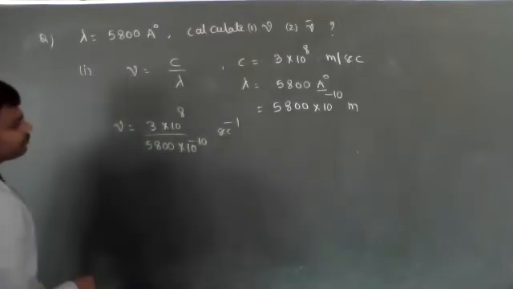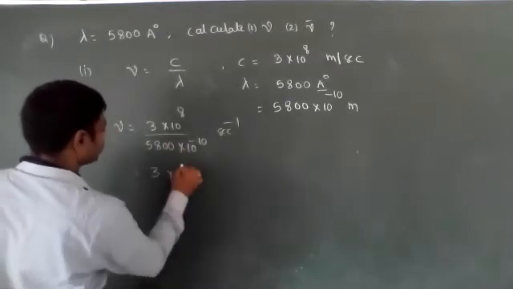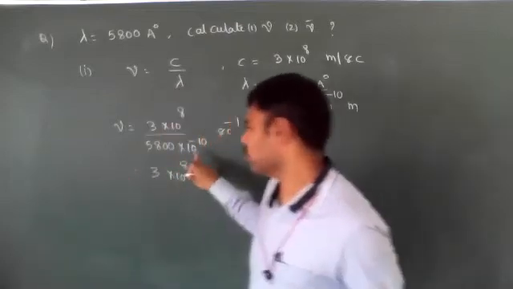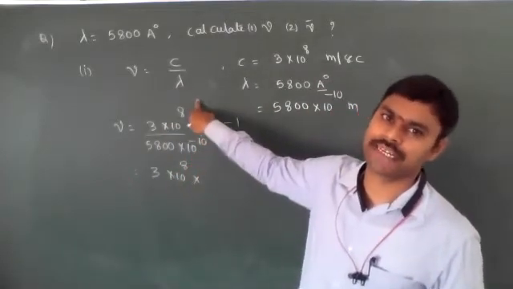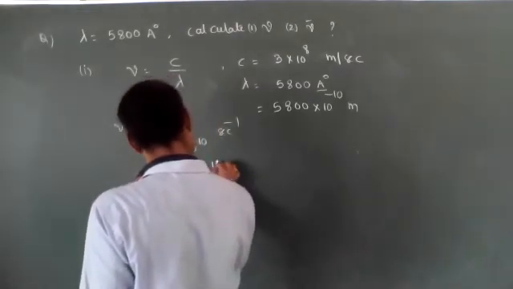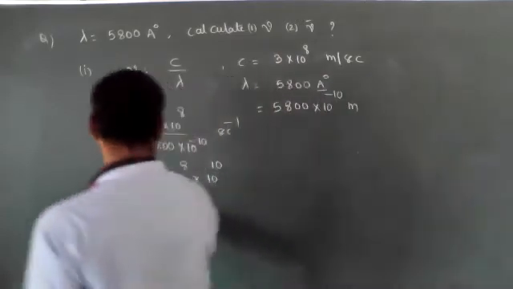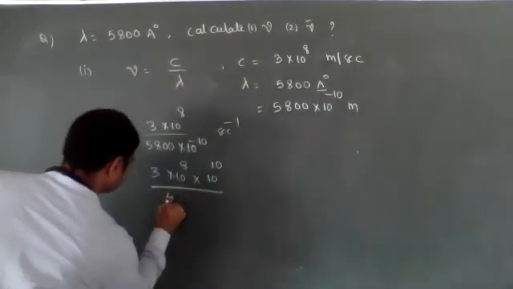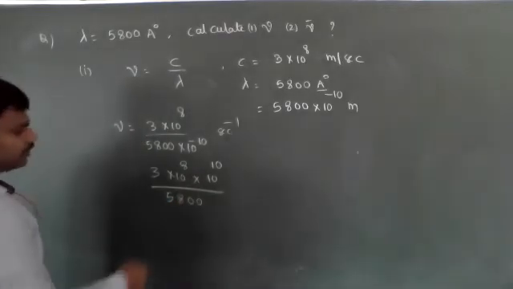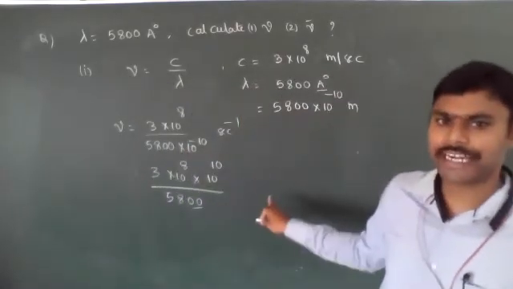Now let's see: 3 into 10 to the power of 8, and 10 to the power of minus 10 in the denominator goes upside, meaning plus 10 to the power of 10, by 5800. 5800 is nothing but 58 into 10 square.